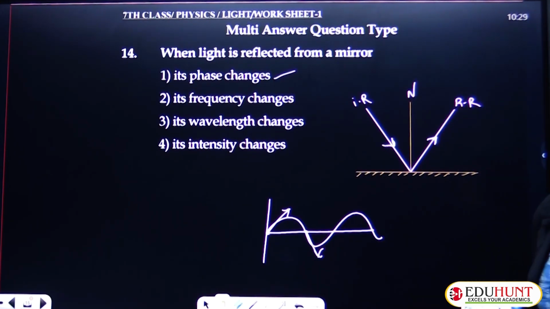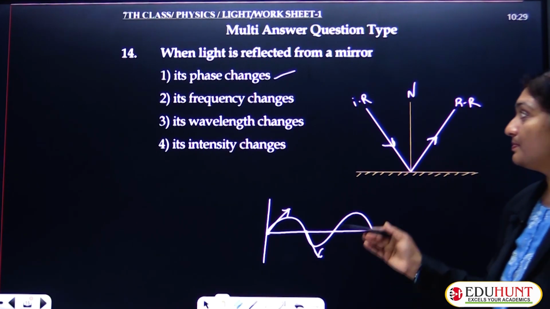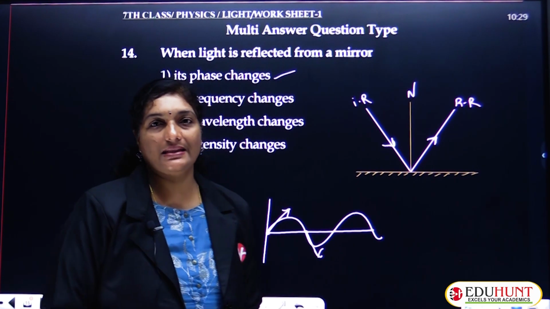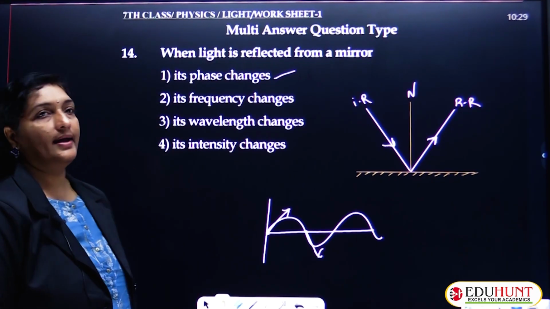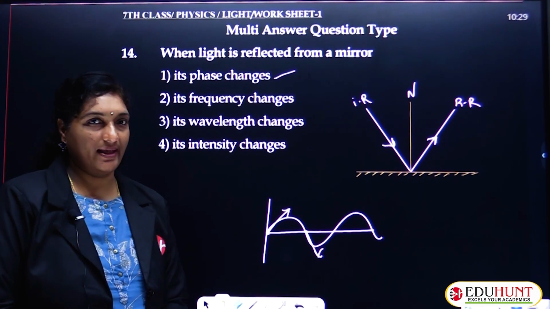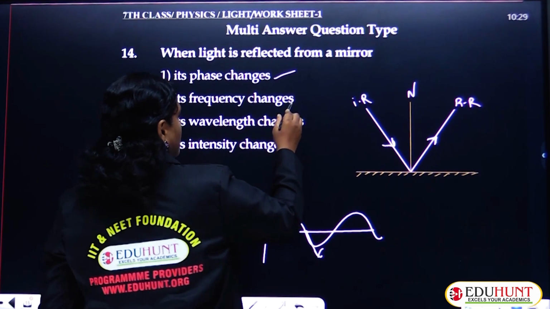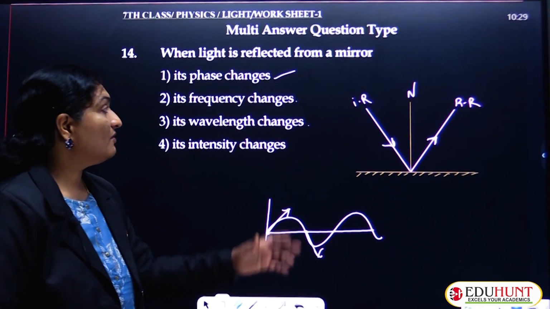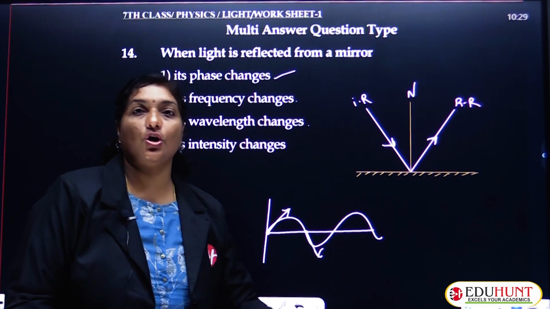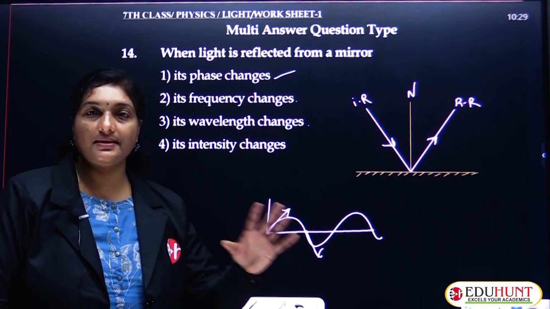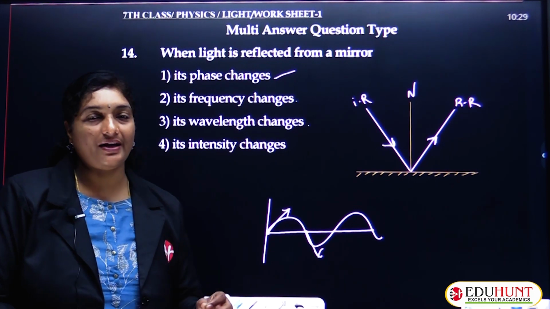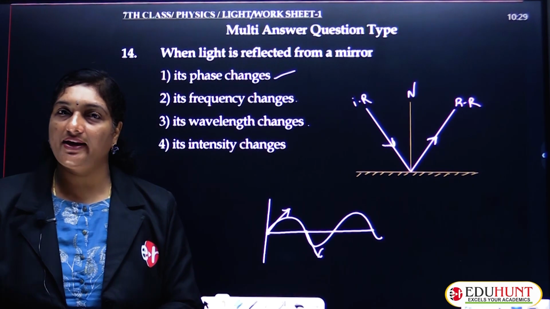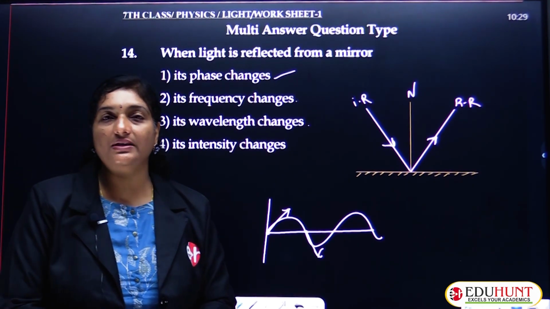Its frequency, that means the number of vibrations per second, always remains constant. So no changes in frequency are being observed, and hence no change in wavelength. So this remains constant, whereas the wavelength also remains constant. But whenever a light ray is incident on any surface, a part of it is slightly absorbed and the remaining part is reflected, as we have studied in the beginning of this topic.